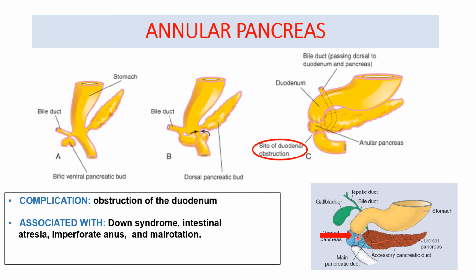In the second picture also you can see the obstructed part of the duodenum. This is associated with certain syndromes like Down syndrome, intestinal atresia, imperforate anus and malrotation.